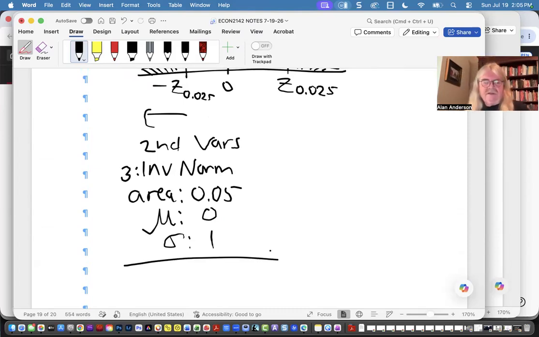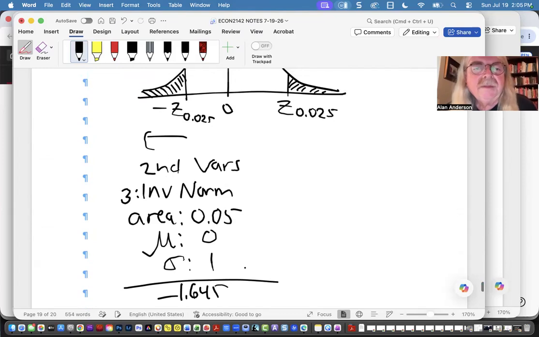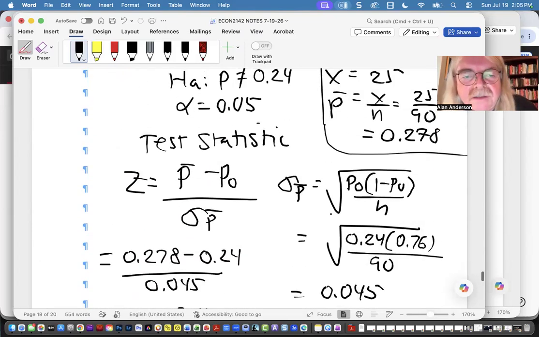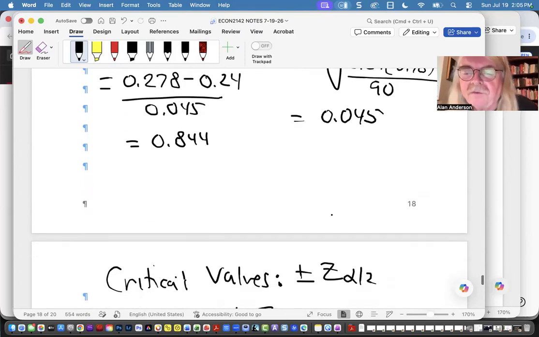All right, what does that give us? Okay, negative 1.645. And that means that up here, this one is negative, and this one is positive. But the test statistic is only 0.844.